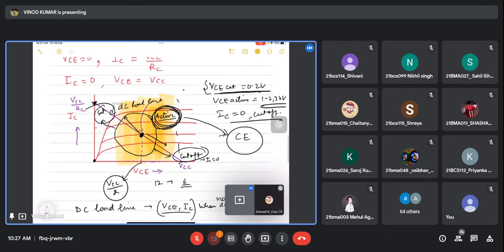And load line means how we try to exploit the output characteristics of a transistor to operate this load. Fine.